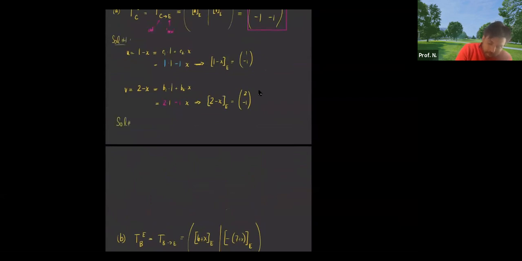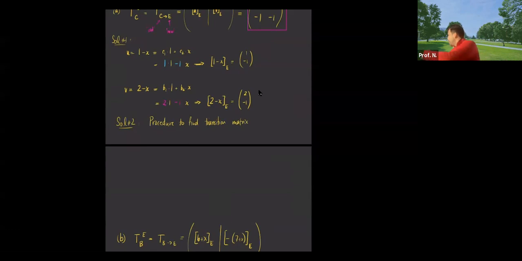Solution number 2 is if you use a procedure to find the transition matrix. But you'll see that sometimes this is useful, sometimes it's not necessary. For these examples, it's actually not so necessary to find the transition matrix.